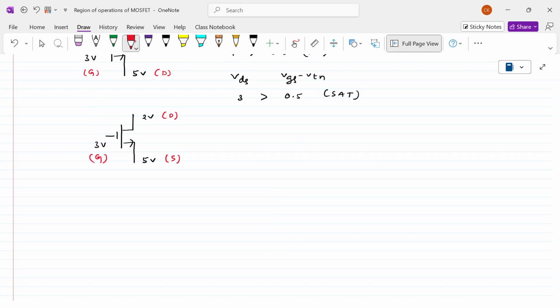The source is at 5 volts, the drain is at 2 volts, and the gate is at 3 volts. I have given which one is the drain, which one is the source, and the potentials also. I'm asking you what is the region of operation of this one?